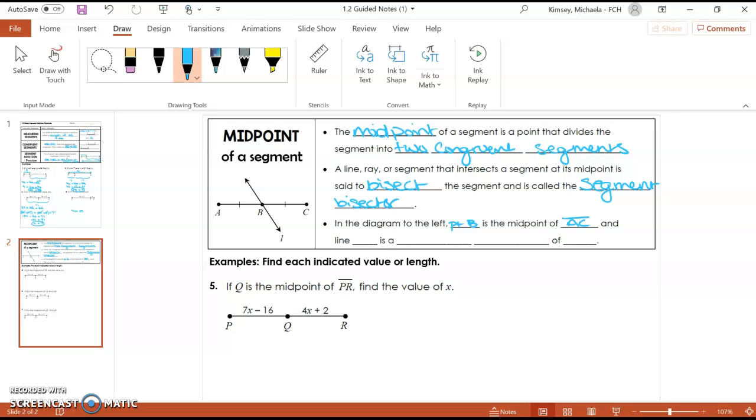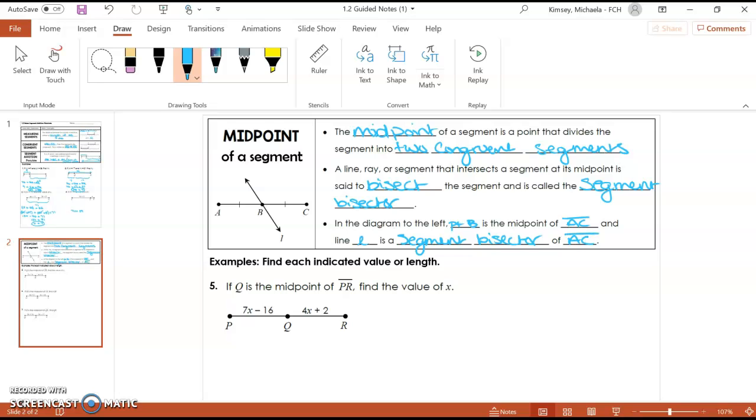And line L, that's my script L, is a segment bisector of AC. So that's what cuts it in half.